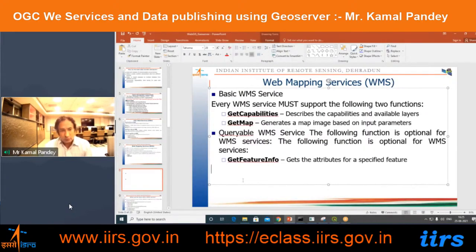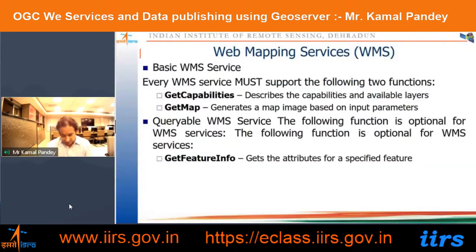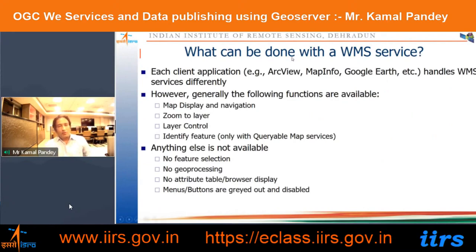So this is one example which we have seen for web mapping service. Now let us go further here. So what can be done with the WMS? We have seen some of the features: we are able to fetch the data set, and we were able to query it also. So we can map, we can zoom the features also, or we can pan across those layers.